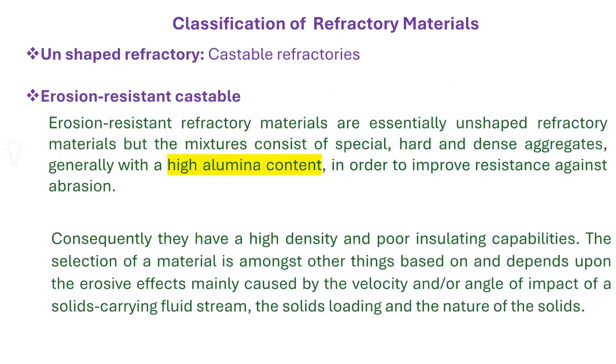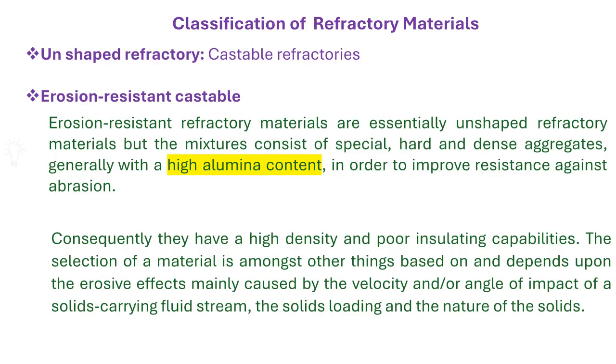Now let's talk about erosion-resistant castable refractories and why they're so important in tough service conditions. Erosion-resistant castables are specialized refractories designed for areas exposed to fast-moving fluids or solid particles. Unlike conventional castables, these materials use extremely hard and dense aggregates, usually with high alumina content, to withstand abrasion and erosion.